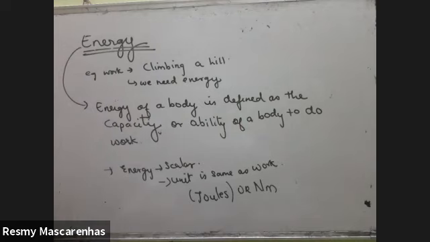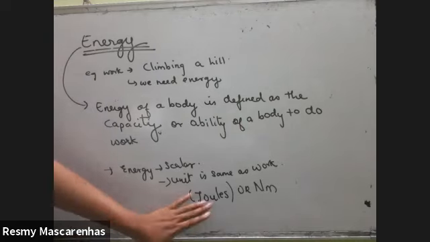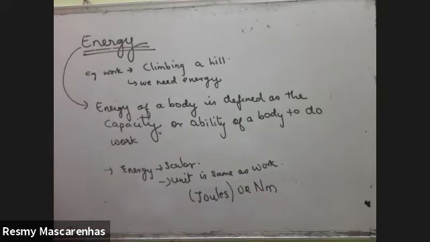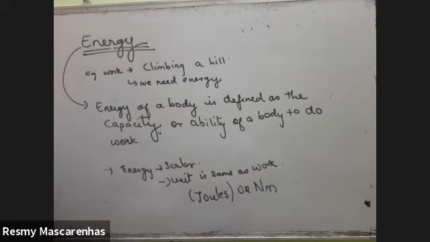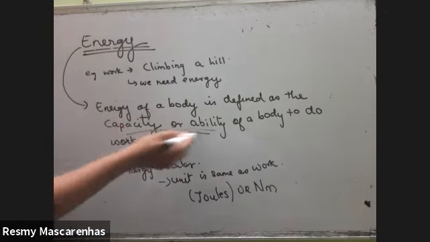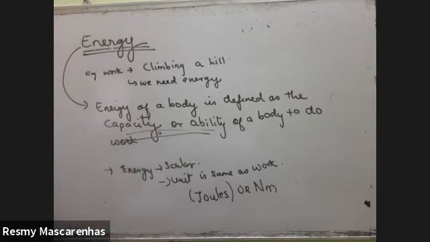In CGS, it would be erg, and this would be dyne centimeter, which I've anyways given for work. Whatever is the unit for work you have to use for energy also, because they are basically the same thing, just that the word capacity or ability makes it look like energy.